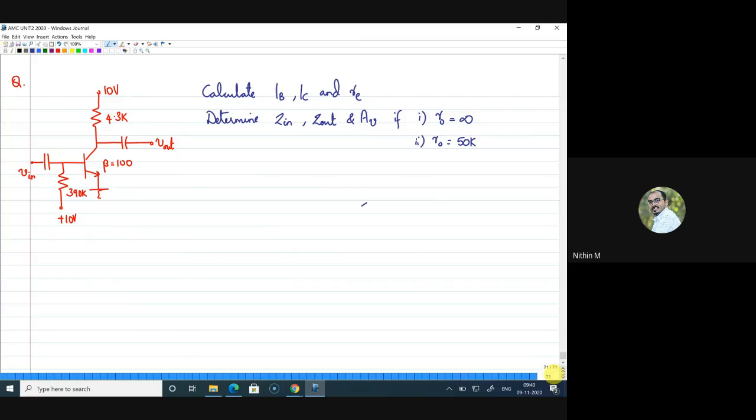So, what type of amplifier is this? Pradyumna? Hello, Pradyumna.